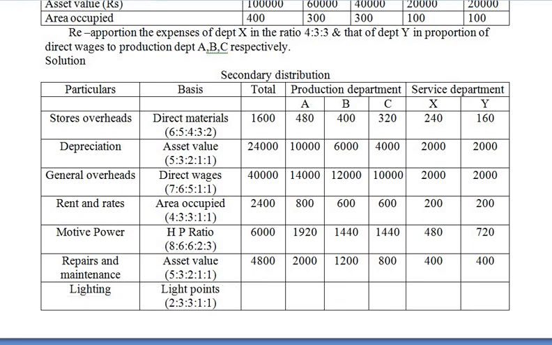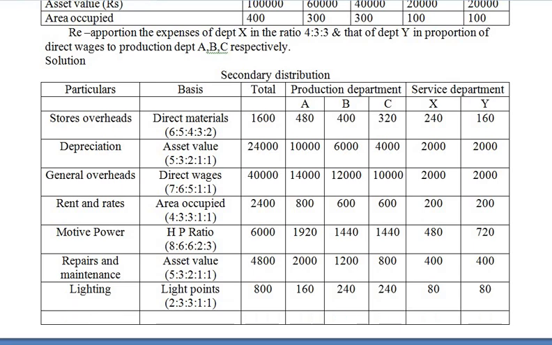Now expenses is 800, right? So distribute it. For department A it is 160, 240, again 240, 80, and again 80.